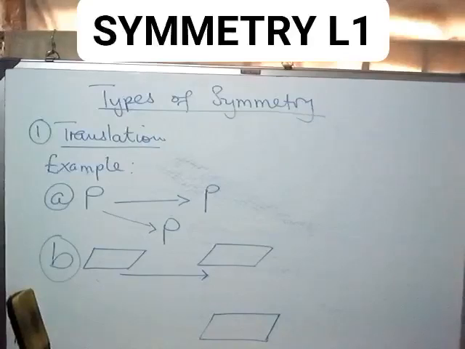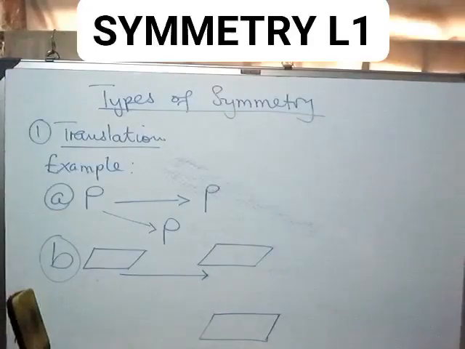We describe translation by giving the direction and the distance a shape or an object is moved. So when you are translating something, you are moving it in a straight line without rotating or reflecting it.